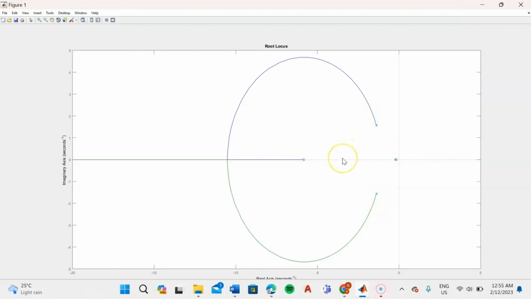And then we also got 3 poles, the green line, blue line, and then in here also. So we got 3 poles, and we got 2 zeros, which is in here and here. And then for infinite zeros, we got 1, which is in here.